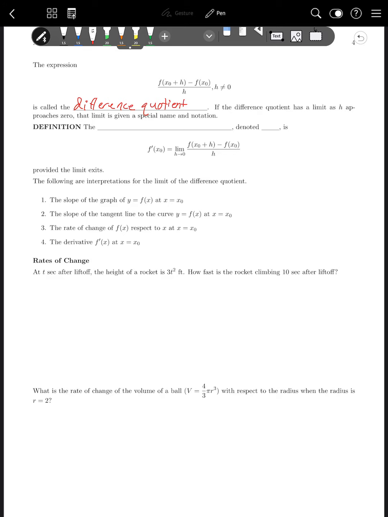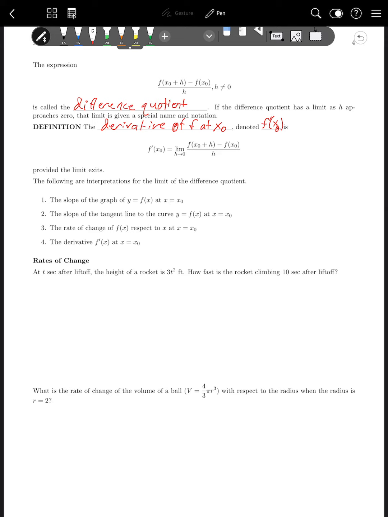The name is the derivative of f at x naught, and it's denoted f prime of x naught. And it's written like this, so that's true, provided the limit exists.